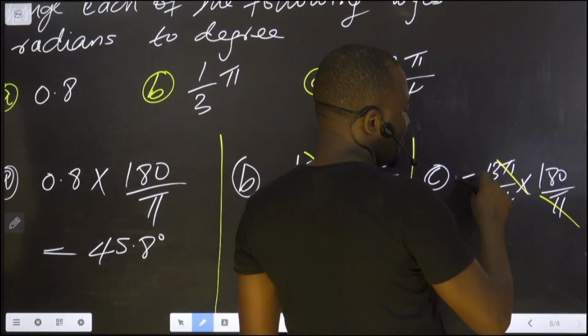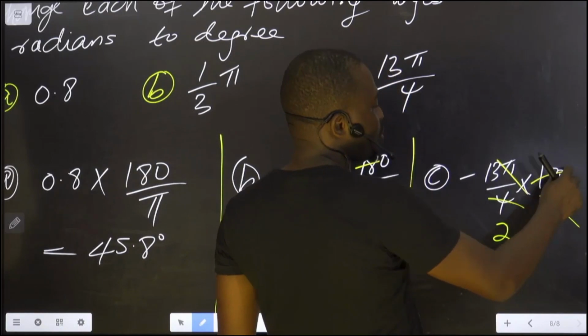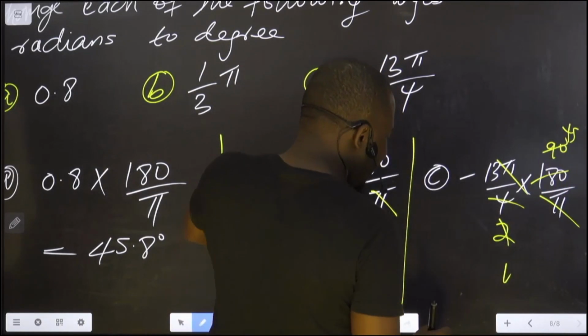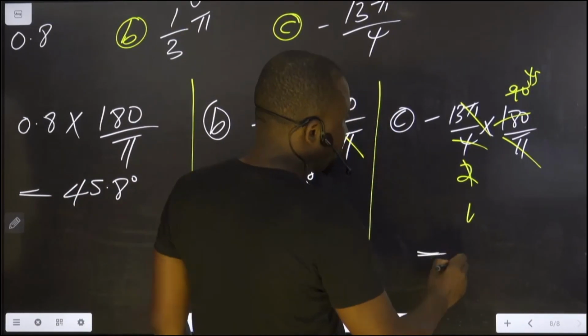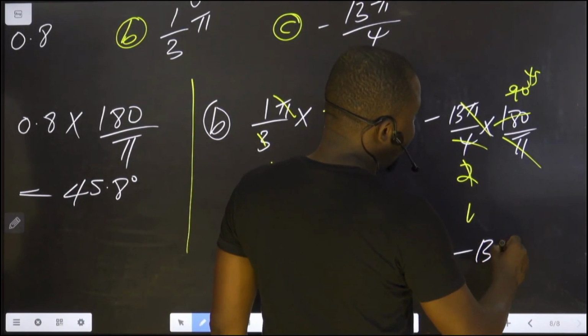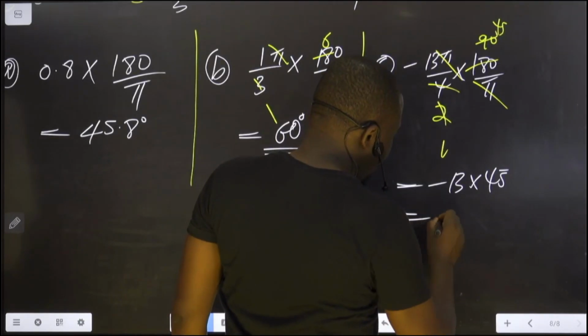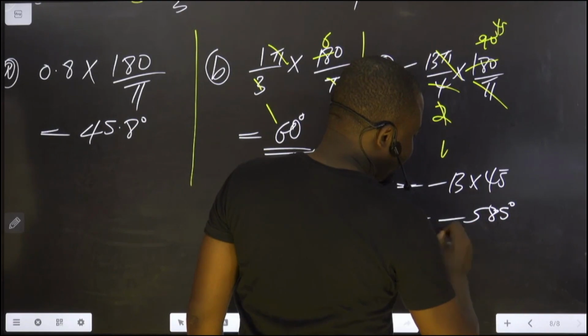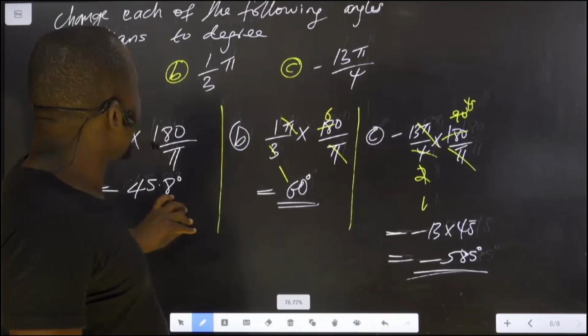This time this will go 4 here 1, 2 here 2, 2 here will give us 90, 45. Okay? It means that this is equals to minus 30 multiplied by 45 equals to minus 585 in degree. Okay? Hope this is understood.